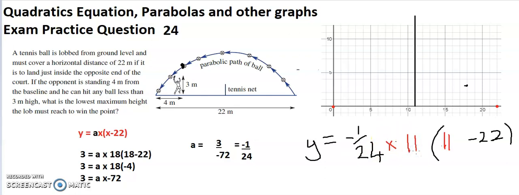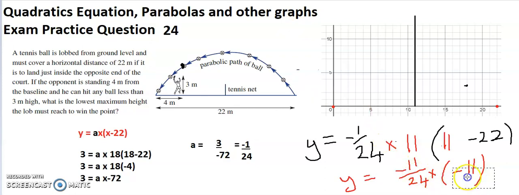And now we can simplify that. 11 take away 22 is negative 11 in the brackets. And then I've got 11 times negative 1 over 24, which is negative 11 over 24. We are able to simplify that again, because negative 11 times negative 11 is 121 over 24.